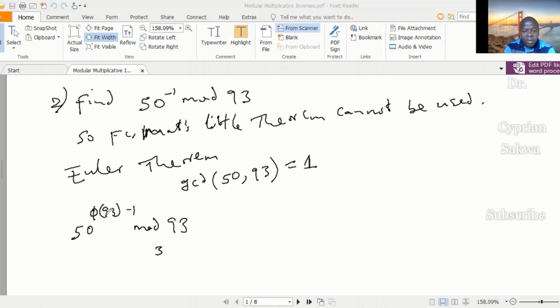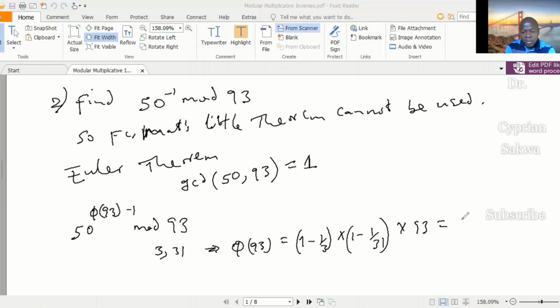If 3 goes in there, the other factor is 31. So 31 is also a prime number, and the prime numbers that divide 93 are 3 and 31. Therefore, Euler phi of 93 will be 1 minus a third times 1 minus 1 over 31 times 93.